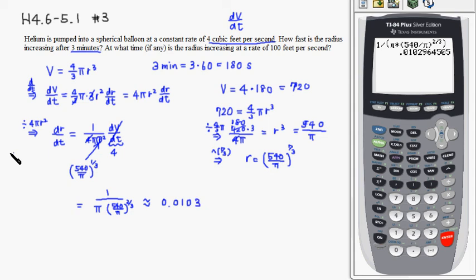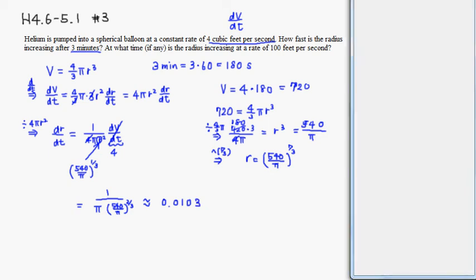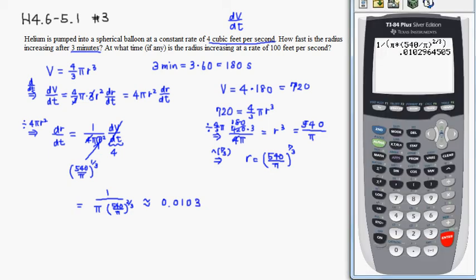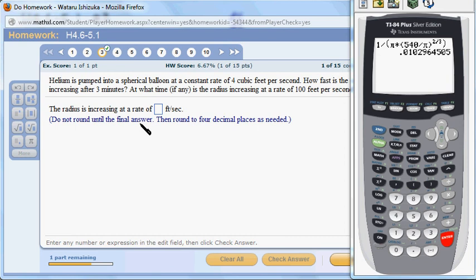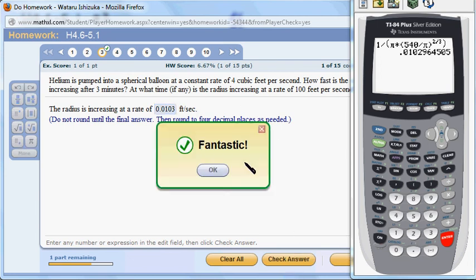Let's type that in here. Let's say round to 4 decimal places, so it's 0.0103. Let's check that. Right, got that.